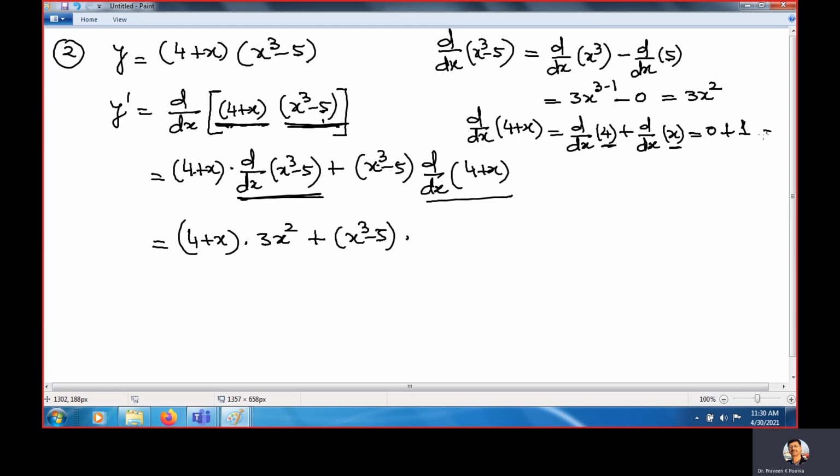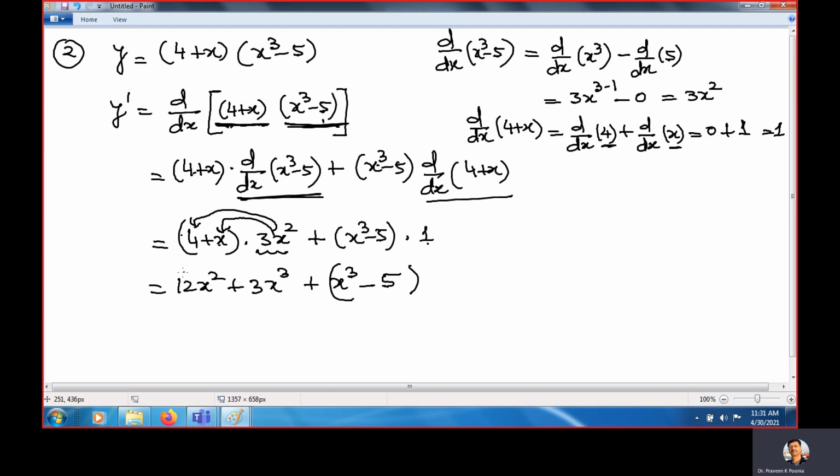0 plus 1, it is 1. So the differential of 1 is here. Now multiply this inside. 4 into 3, 12x power 2. Multiply it here, multiply it here, and plus 3 into x power 2, x power 3 plus 1 into x power 3, x power 3 minus 1 into 5 is 5.